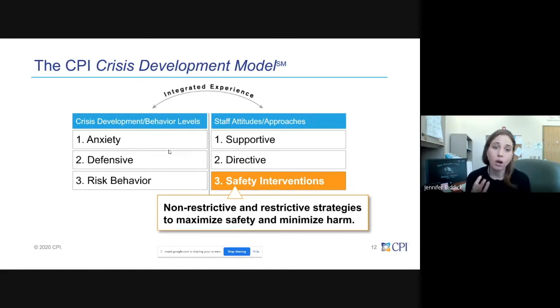And because, again, we are restricting that person's liberty of movement, it is a decision that we do not take lightly because, again, we're making sure that we're treating our learners with respect and treating them with dignity, but also keeping them safe. And again, we must make sure that these are done only by CPI trained staff. And that when they are performed, they are documented immediately and all the appropriate people are notified.